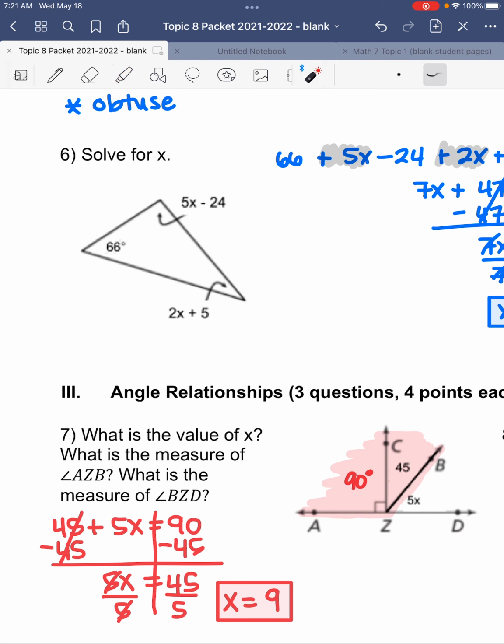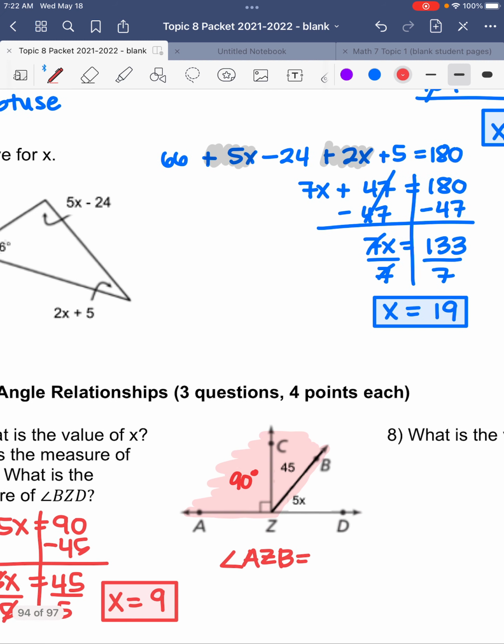Well, I'm simply just going to add 90 plus 45. So angle AZB equals 90 degrees plus 45 degrees, and when I add that together, I get 135 degrees. So that's the answer to my second question.